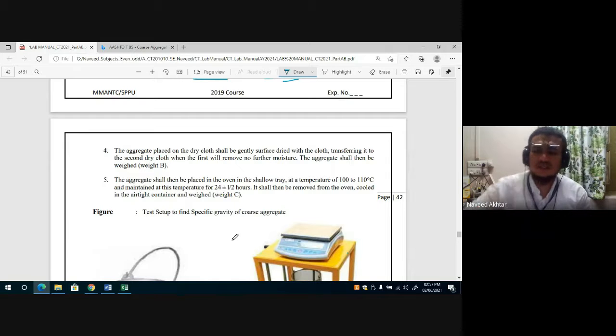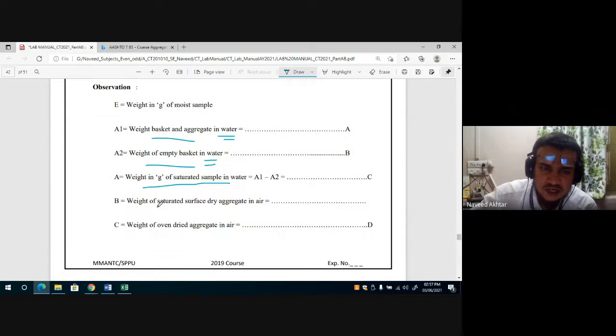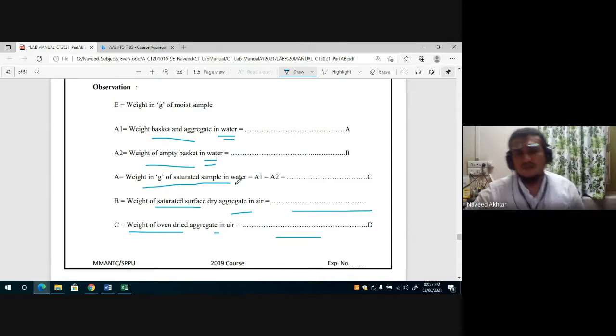So these are the different weights you have to take, and then write down the weights here. The weight of basket in water, weight of empty basket in water, weight of saturated sample in water, A, that is A1 minus A2, then weight of saturated surface dry aggregate in air, D, and the weight of oven dried aggregate in air, that is C. All this you have to find out. But you can write A, B, C, D as required.